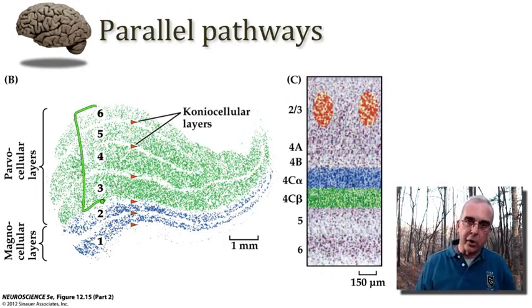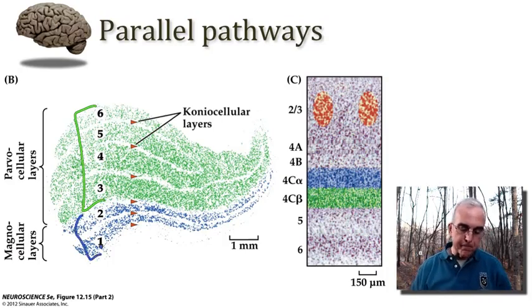Meanwhile, the larger M-type ganglion cells terminate in the first two layers of the lateral geniculate nucleus, illustrated here in blue, layers 1 and 2. So, conveniently, the M cells project to the magnocellular layers, and the P cells project to the parvocellular layers. Now, the K cells project to a zone in between the layers.